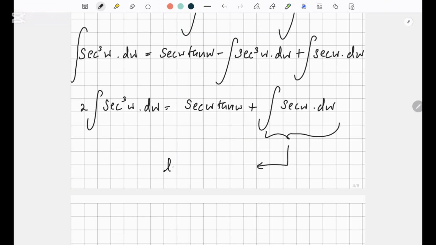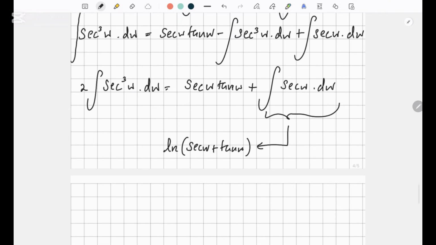The integration of sec w is ln sec w plus tan w. You could also write it as ln tan w divided by 2. You could write it either way, but I'm going to take it as this answer. So I'm telling you guys again, I'll be dropping in the link for that video.